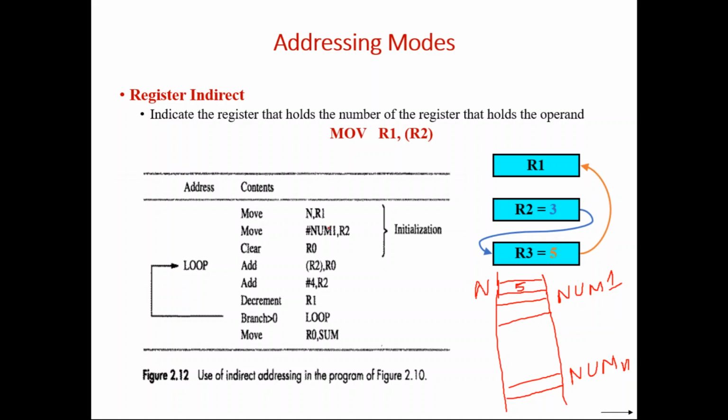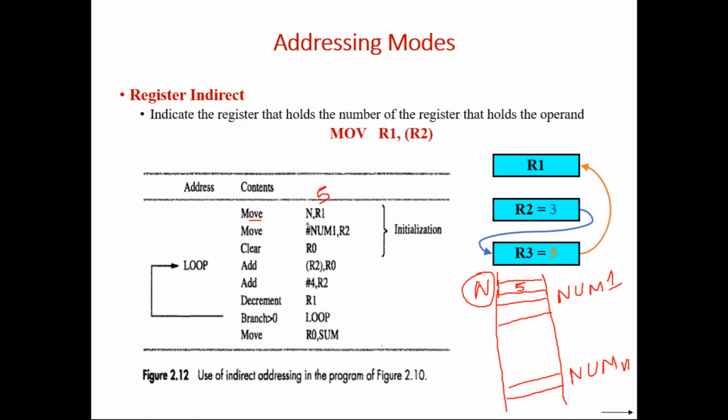Then what does the statement move n comma R1 do? It will move the value at location n to the register R1. So R1 will now have 5.